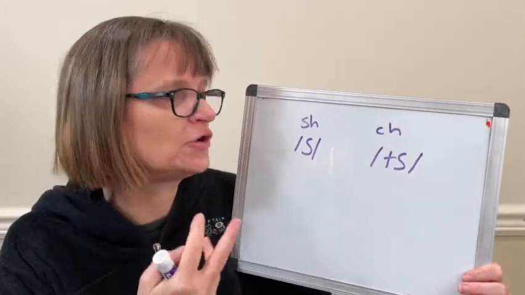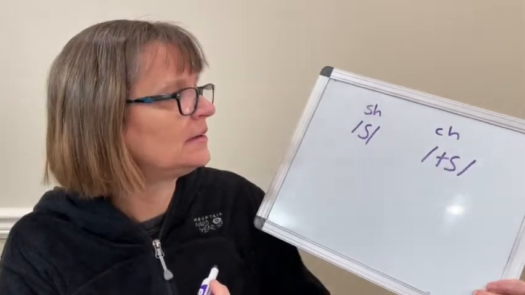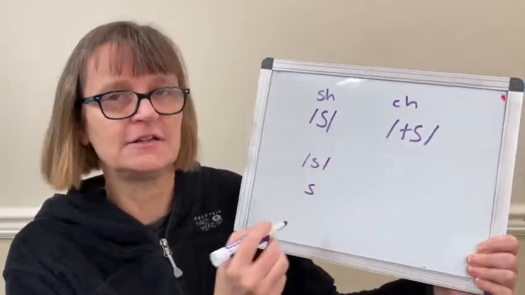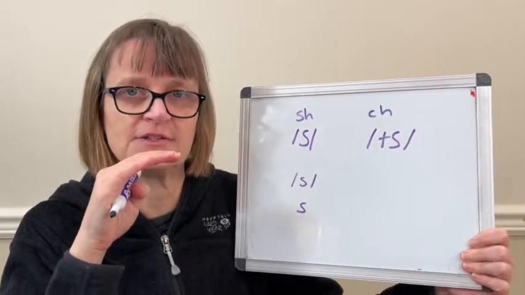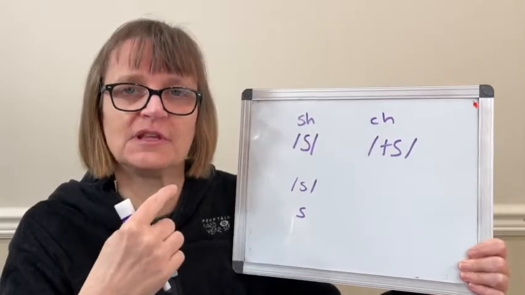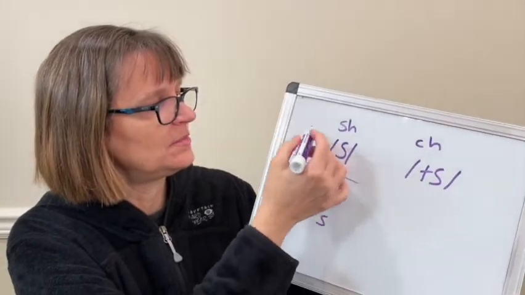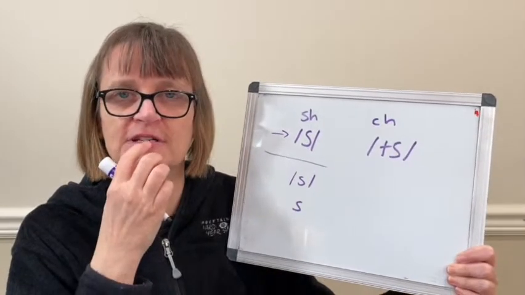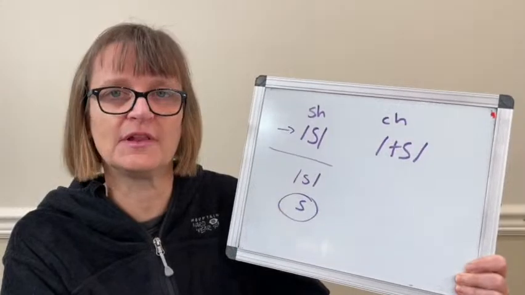That could be due to the length of your tongue, but generally, the difference between the S sound and the SH sound is that my tongue should be pulled back more, and it shouldn't really be approaching the teeth. So if your tongue is visible when you're doing the SH sound, the tip of the tongue is too far forward, it might be that it sounds a little bit more like an S sound.